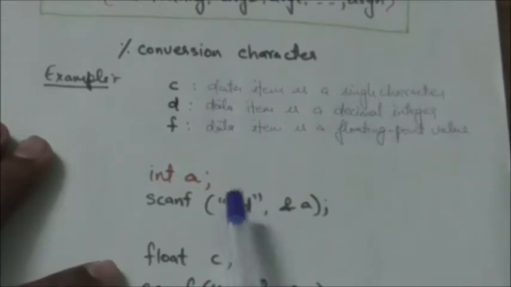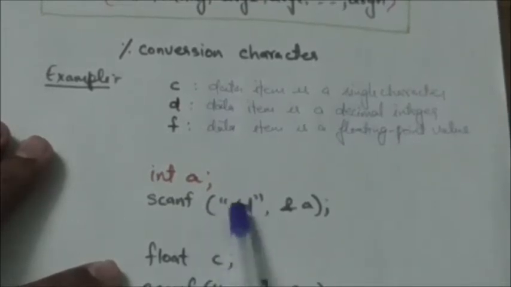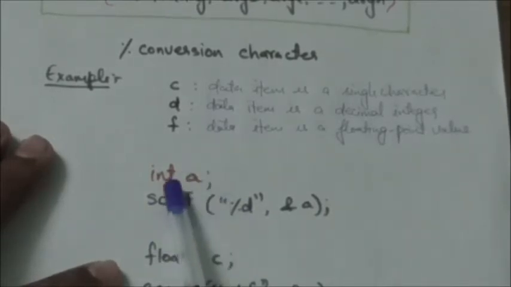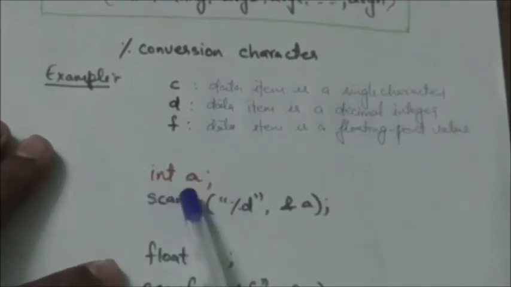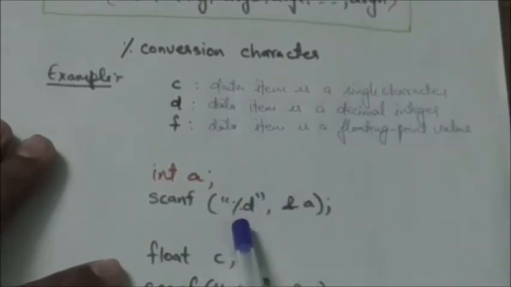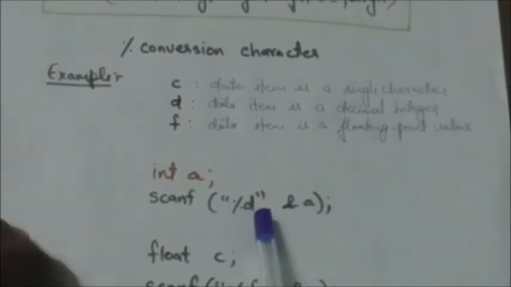Because here the data item is a decimal integer, right? We want the data item to be stored as a decimal integer, because this variable a is an integer type variable. It can store only integer values. So we want decimal integer values to be stored in this variable a. So here we have taken the conversion character d.